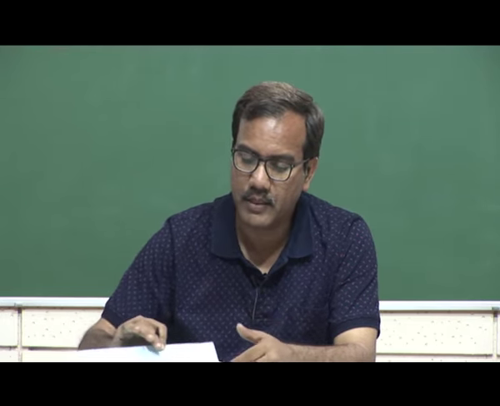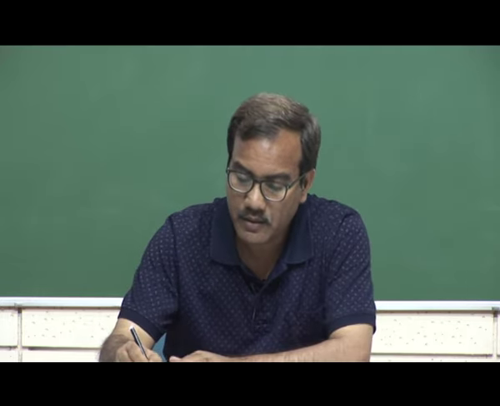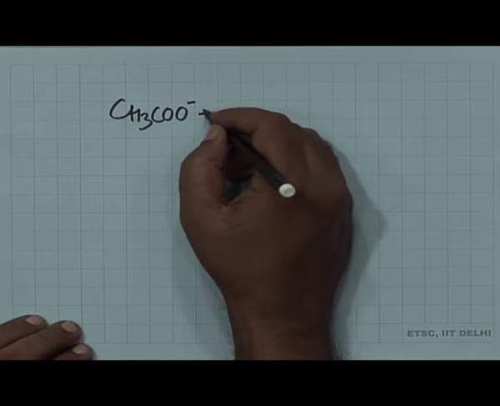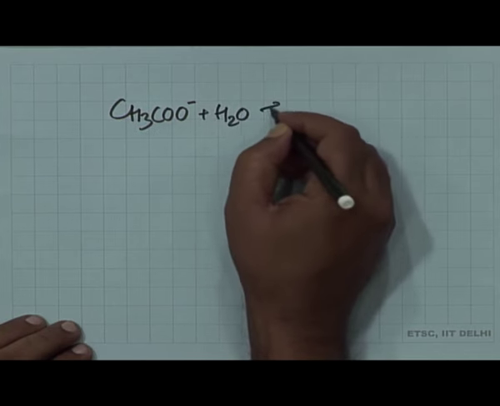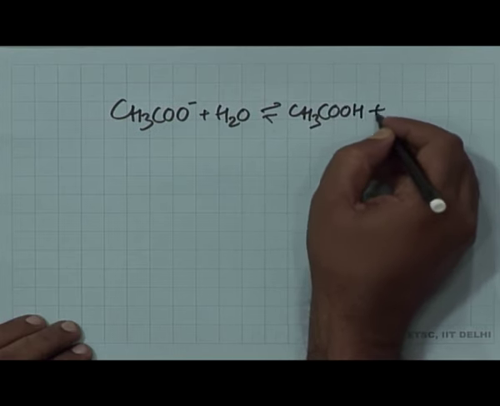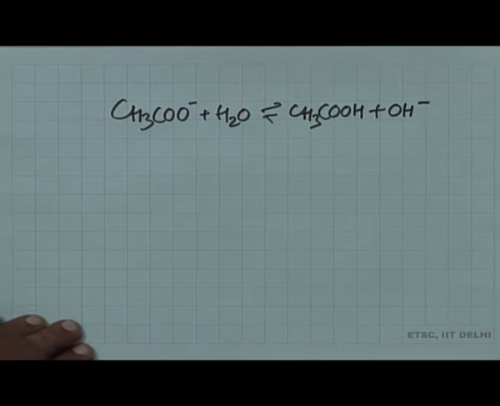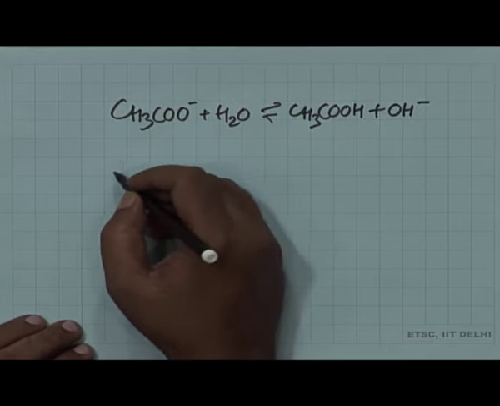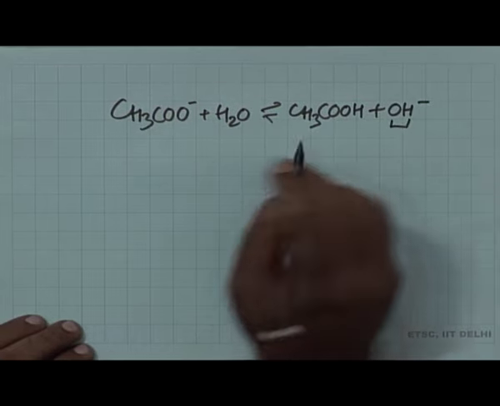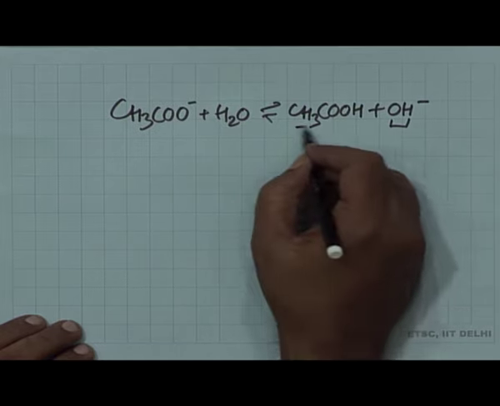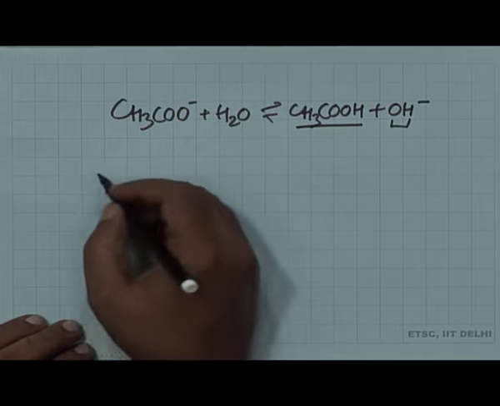Let us consider this reaction again: CH3COO minus plus H2O giving you CH3COOH plus OH minus. Now I need to calculate the OH minus ion concentration if I know the acid dissociation constant of acetic acid, which is a weak acid.